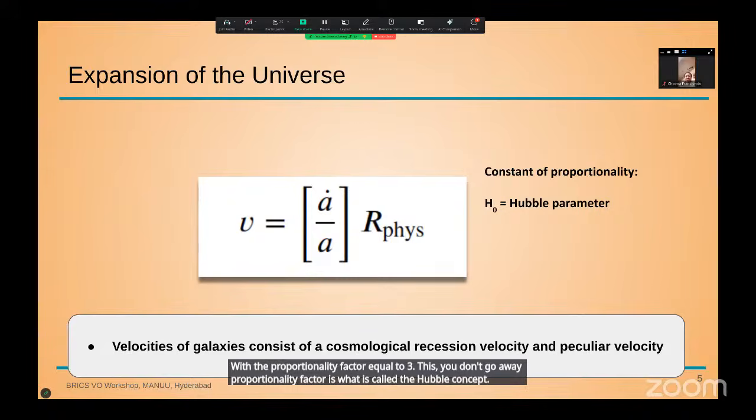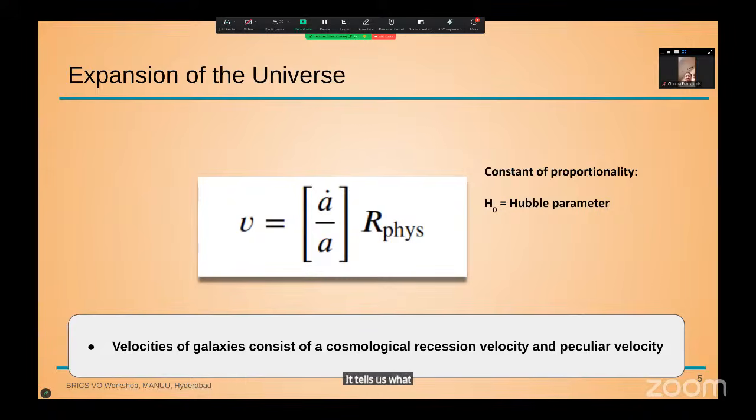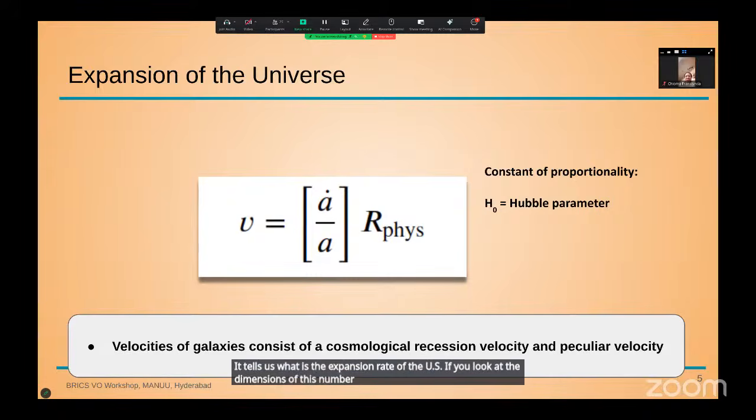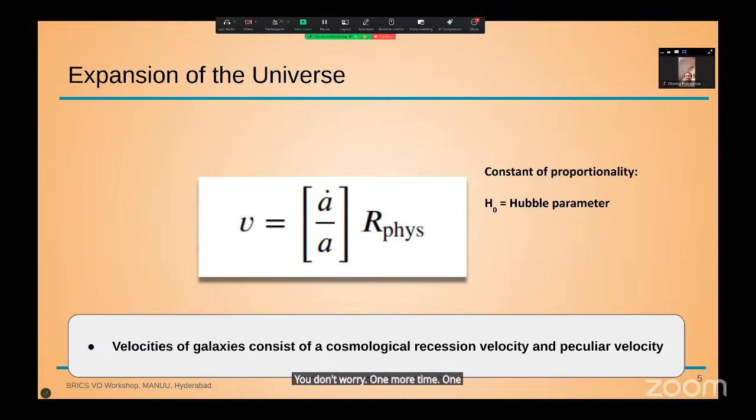It tells us the expansion rate of the universe. If you look at the dimensions of this number, a dot over a, what do you see? One over time, right? So this gives a time scale in the universe. You multiply it by c, and it gives you roughly a distance scale in the universe.